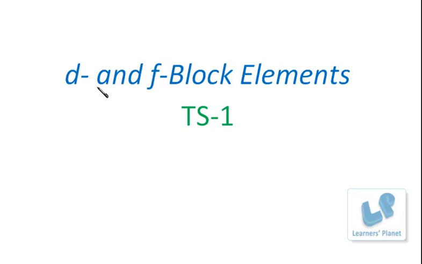I welcome you to this very first theory session for D and F block elements. So what are D and F block elements basically? We have discussed them in our topic on periodic classification and the periodic table. These elements are present between the S and P block elements, and the differentiating electron enters the d orbital.